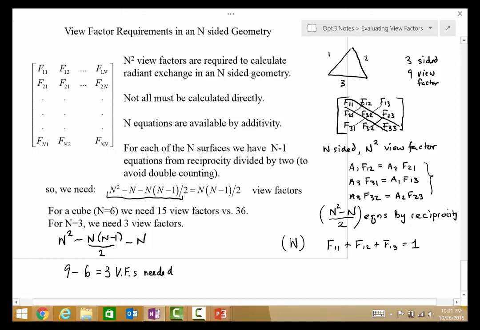Now, when we have a convex surface like we had in the Hottel problem, it means that the diagonals are known to be 0.